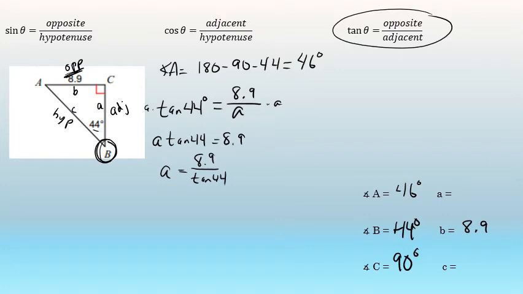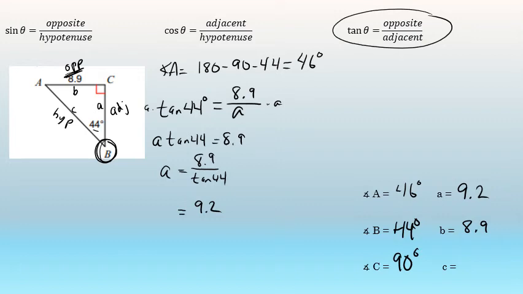Now the tangent of 44 is irrational, and this quotient will be irrational. I'm going to round these answers off to the nearest tenth. Depending on the context of the problem, you might have to be more precise than that, but 8.9 divided by the tangent of 44 is approximately 9.2 units. Side A is approximately 9.2.